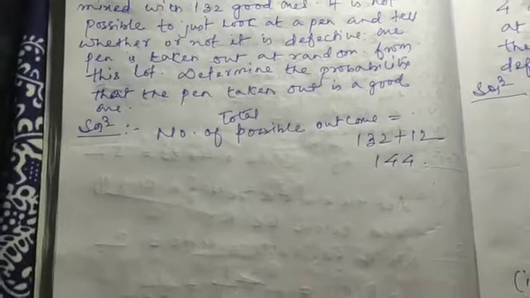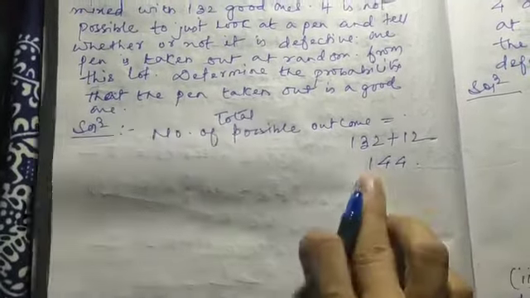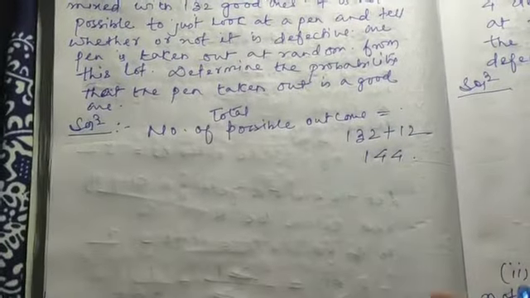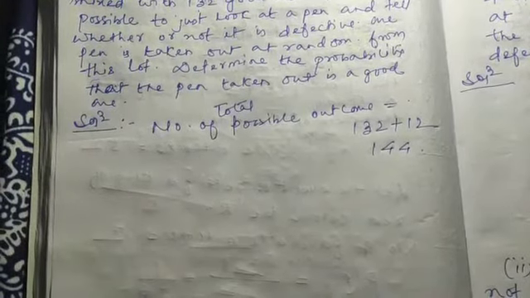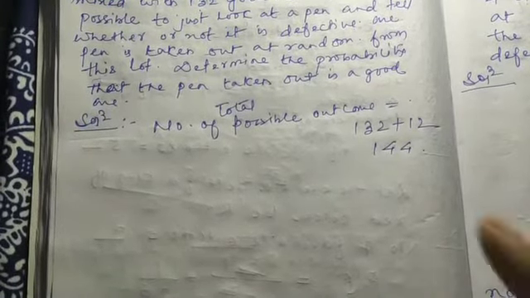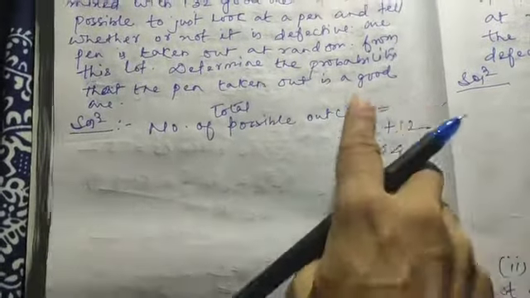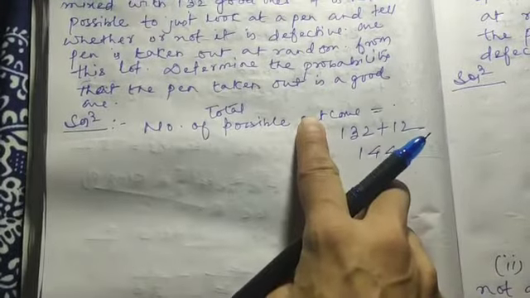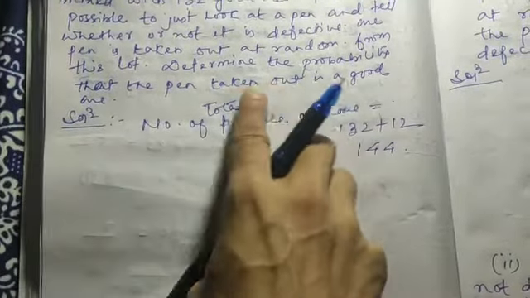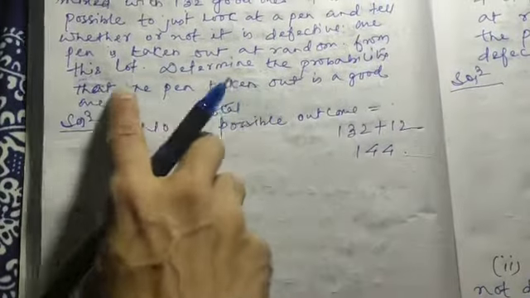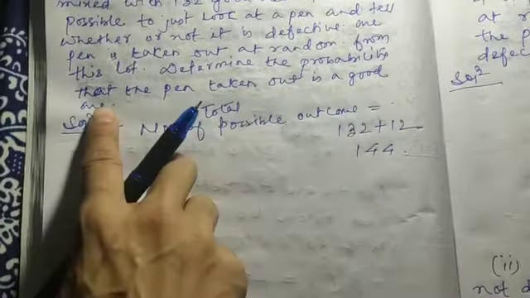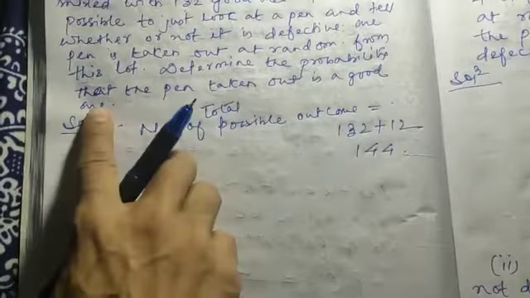Now we have to choose from this 144. We don't know which one is bad and which one is good, right? It is all mixed up. So from there we have to choose a pen, and the chosen pen should be good. Choosing a pen that is good is an event.